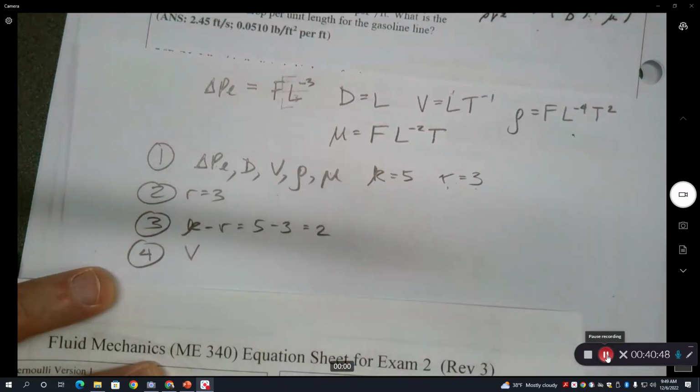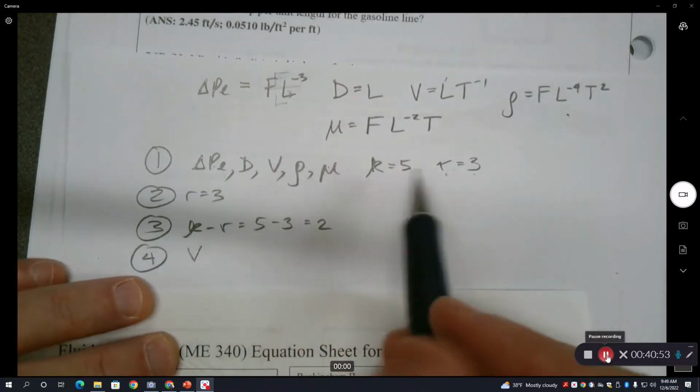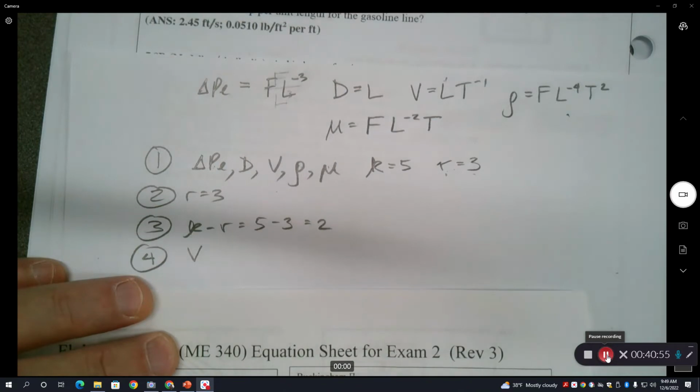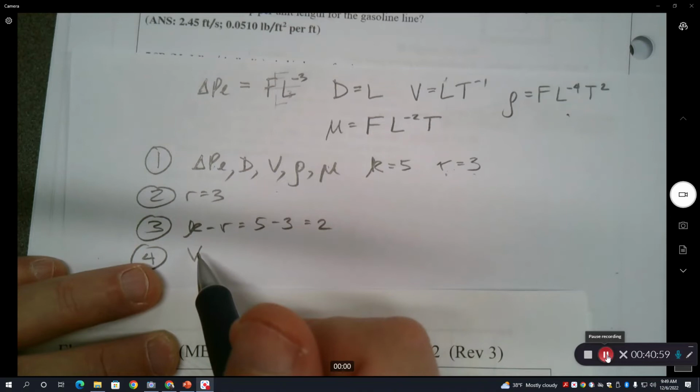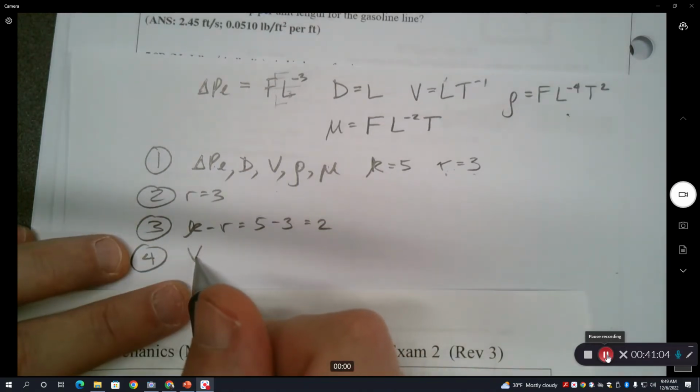So there's a couple of rules. We didn't really cover some of these rules, but you can think about them. You want to make sure that F, L, and T all need to be represented, and we want to try to do them in the simplest way. Velocity is a good one because it has time.